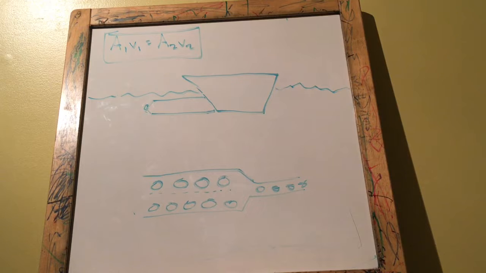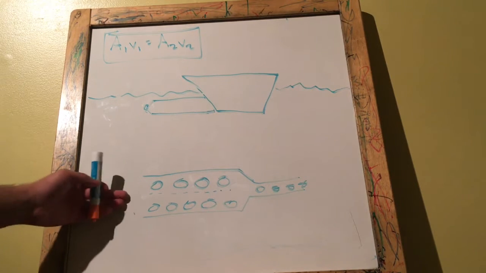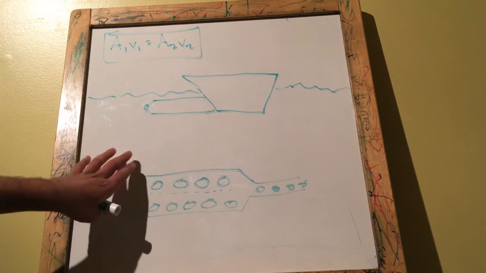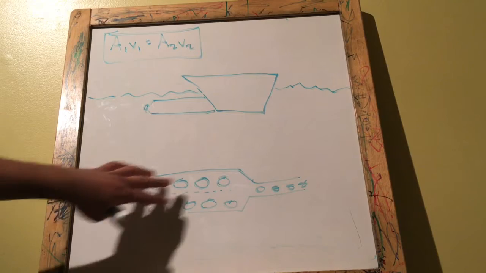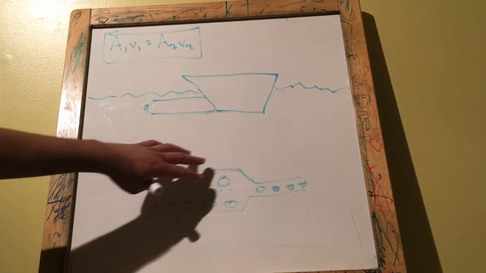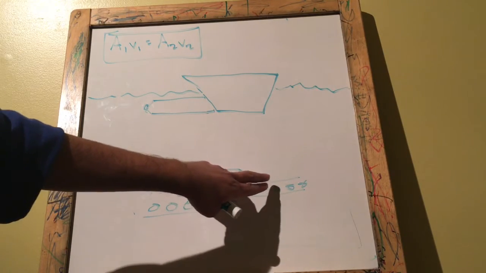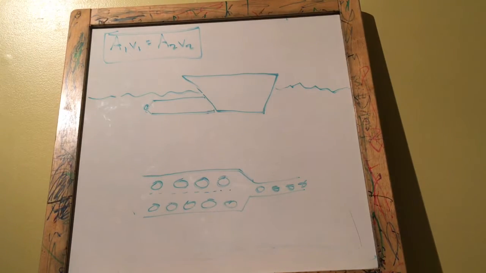And a great way to conceptualize this, or to better understand it, is if you think of a two-lane road merging into one lane. Now, the cars in the two-lane road are moving really slowly because there's a high volume of cars here, and they're all trying to merge together into this smaller one-lane road.